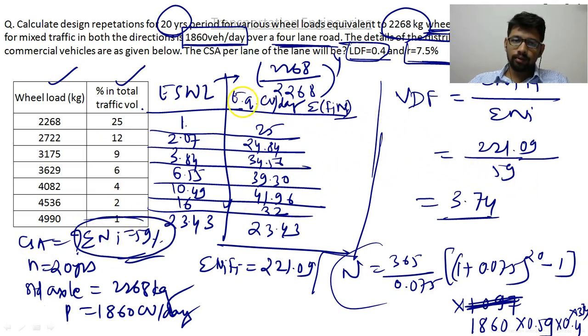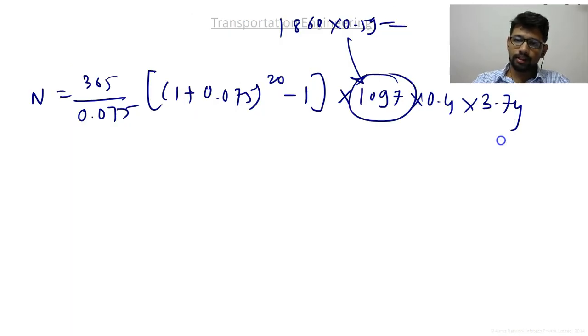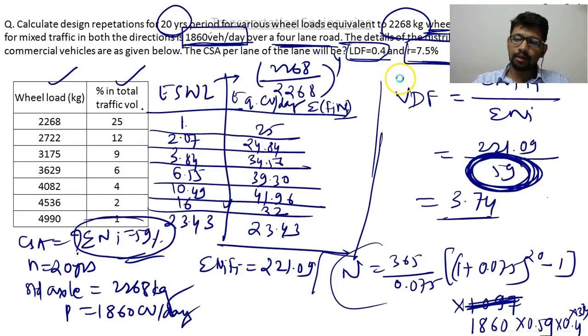So the 1860 is the mixed traffic in both directions, and the commercial vehicles are only 59%. So in this calculation we are considering only the commercial vehicles. That is the reason we are considering 1860 into 0.59, which is 1097, and 0.4 is the lane distribution factor, as mentioned in the question.